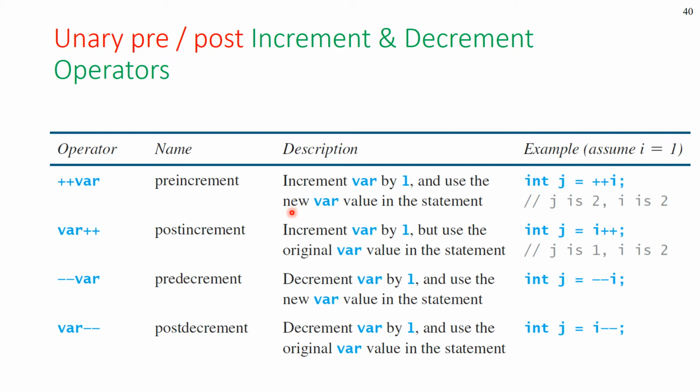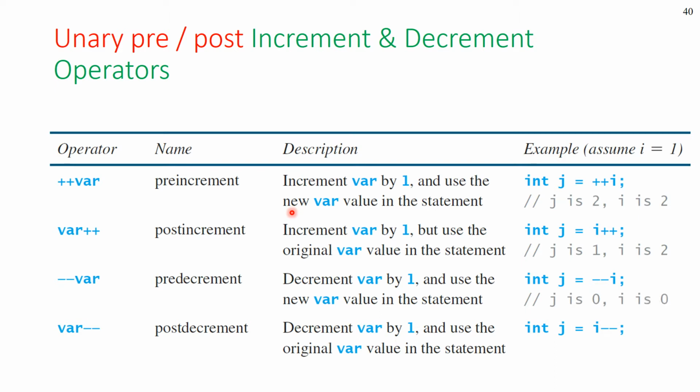So I'm going to assign 1 to j. And after I use 1 to replace this, I'm going to increment i by 1. Okay, that's what it says here. There are different ways to say it, but yes, you will increment the variable by 1, but you use the original value to substitute this part. That's it. Okay? If you understand the first two, the other two just follow.